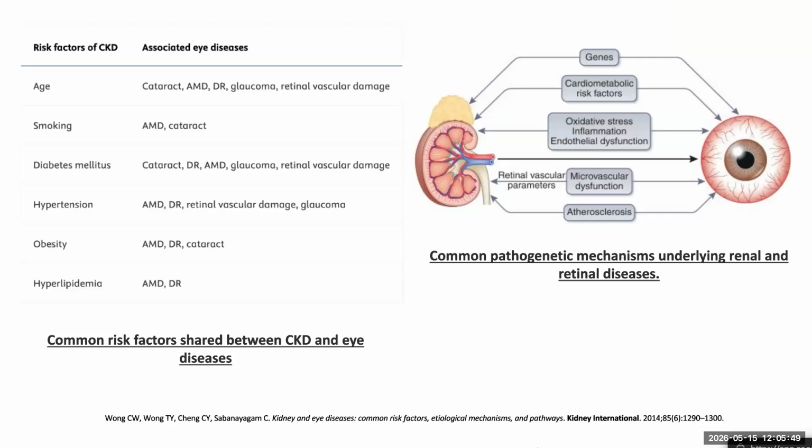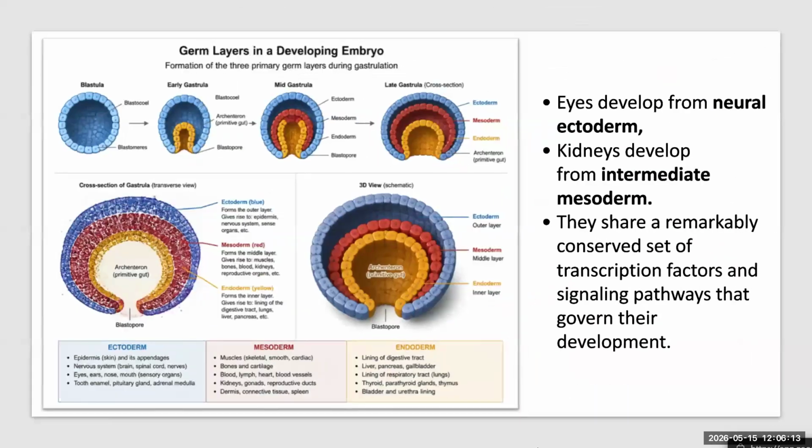AMD is kind of common to everything in the eye. Common pathogenic mechanisms include gene-related disorders, the cardiometabolic risk factors we discussed, and oxidative stress. Microvascular dysfunction plays the most important role in diabetes, with both complications, and atherosclerosis in hyperlipidemia and smokers.